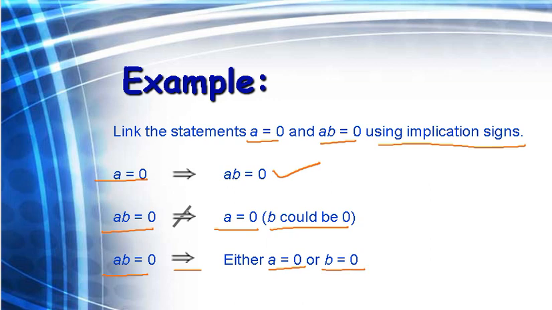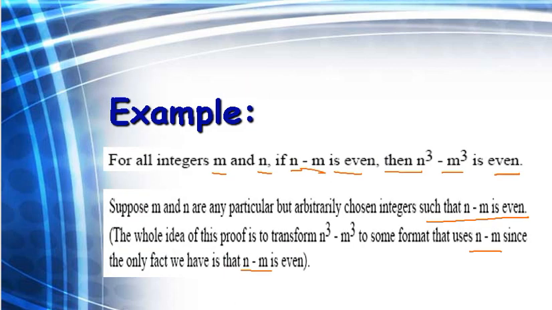Now the next example. For all integers m and n, you know very well m and n are variables, if n minus m is even, then n cube minus m cube is even.